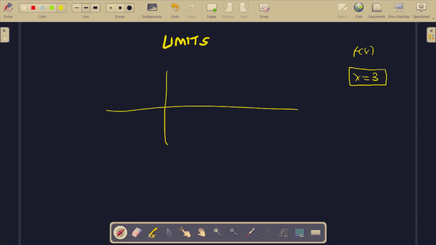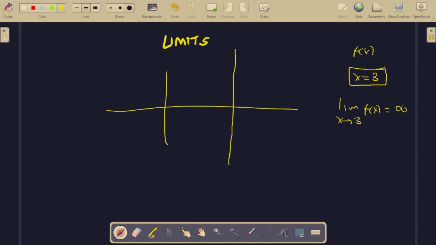Now, let's say we find that the limit as x goes to 3 of the function f of x goes to infinity. So what this means is that x is equal to 3 is a vertical asymptote.